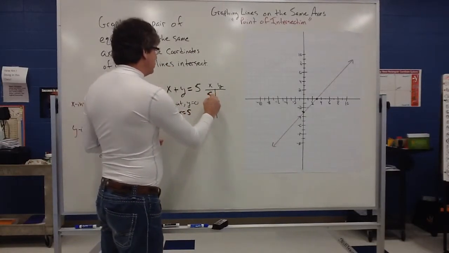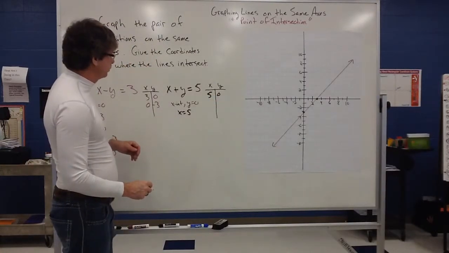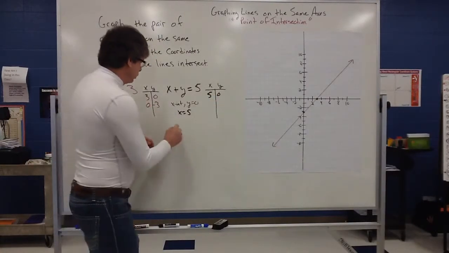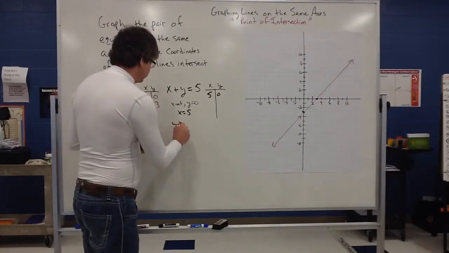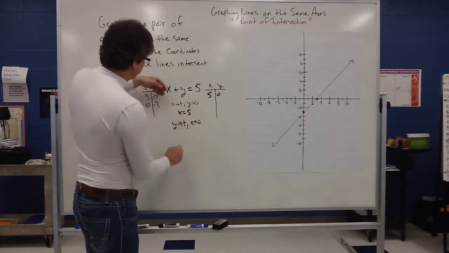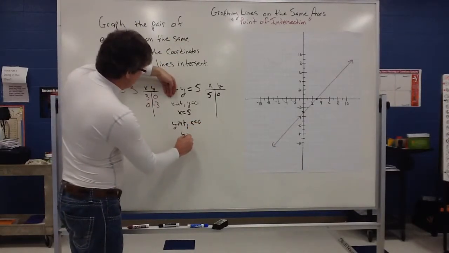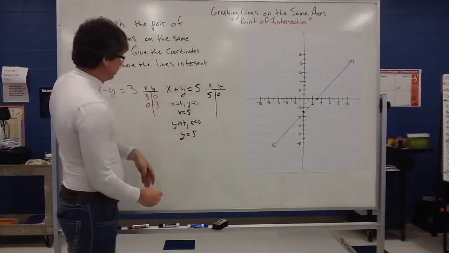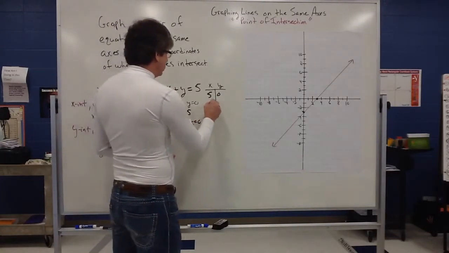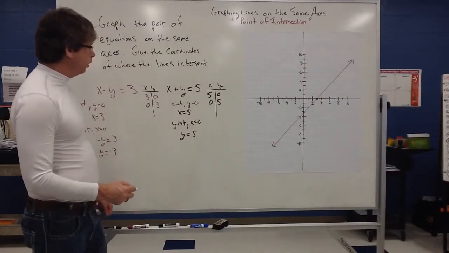So 5, 0 is going to be my x-intercept. To find the y-intercept, we're going to set x equal to 0. So when I set x equal to 0, this falls out, and you just have y equals 5. Not a whole lot of math here. So 0, 5 would be the y-intercept.